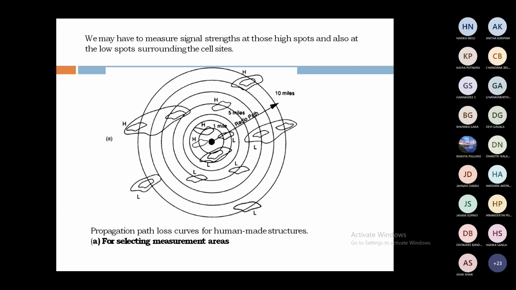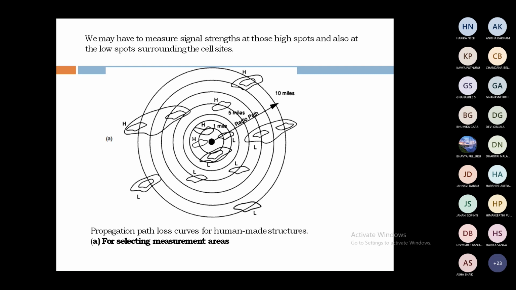Now we take a mobile unit and check the signal strength at the different areas. Within this one mile, we are getting H, and H is nothing but high spots, meaning high signal strength is available in that particular area.